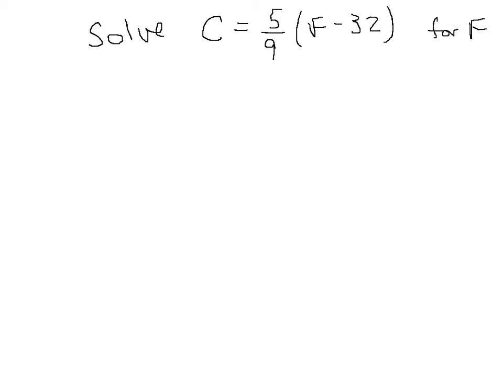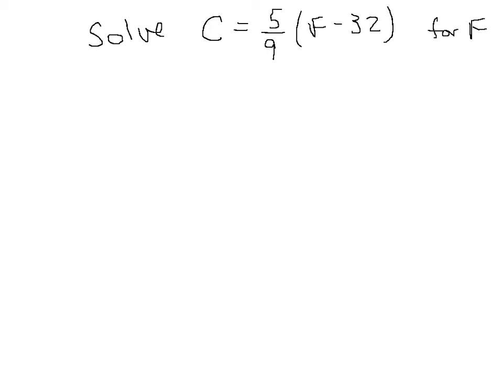So here I have an equation, and I want to solve it for f. So does this equation look familiar to you? This tells you how to get the centigrade degrees if we know what the Fahrenheit degrees are. And so what we're going to do now is reverse that and figure out what the Fahrenheit degrees are if we know the centigrade.